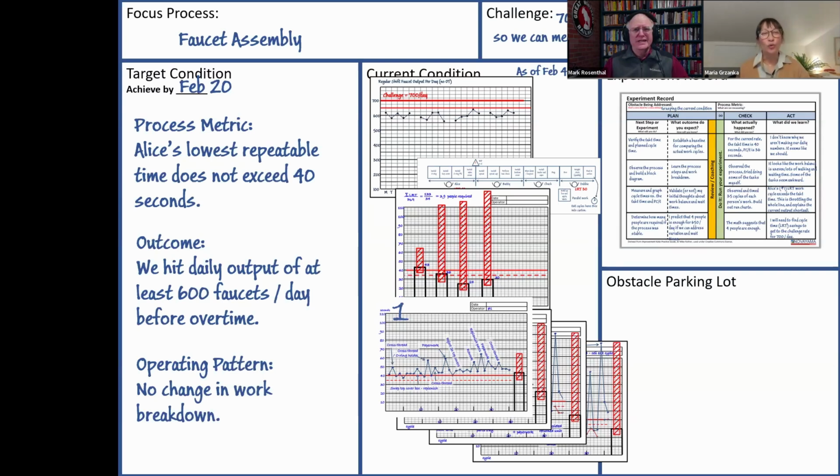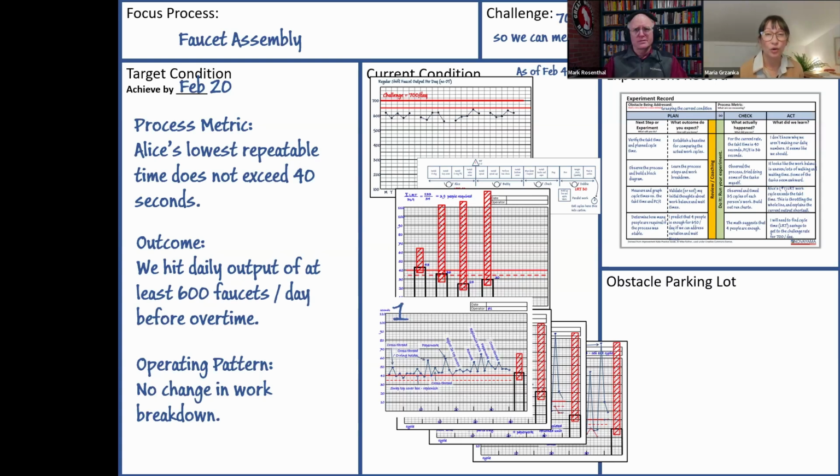So what's your outcome metric for your target condition? I think we will absolutely get to 600 a day, because I have to factor in that there are probably some other delays I don't know about. Okay. Do you think there might be any changes to the operating pattern? Not right now. I think the basic structure of the work doesn't need to change in any radical way.